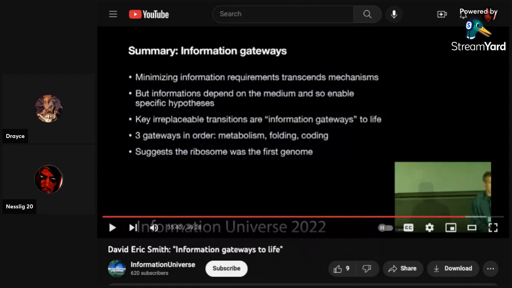It seems pretty interesting that the ribosome could contain this information to encode these things, as a genome in and of itself.